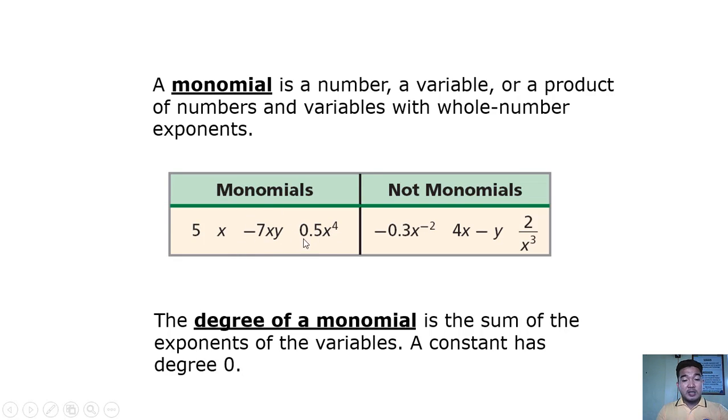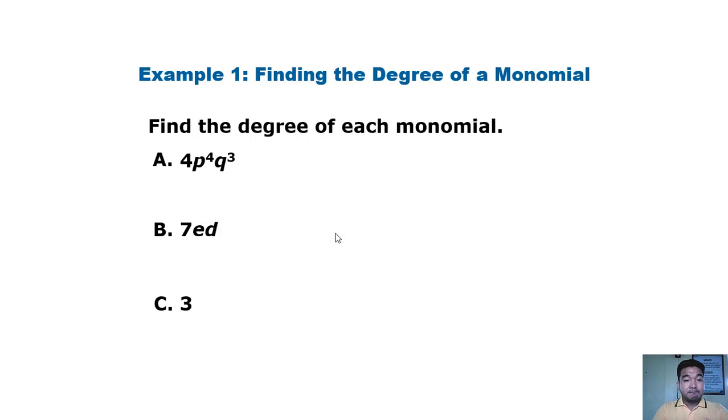For the last one, we have 0.5x to the 4th. The exponent of the unknown variable x is 4. So the degree of this monomial is equal to 4. Let us have another examples of finding the degree of a monomial. Find the degree of each monomial.